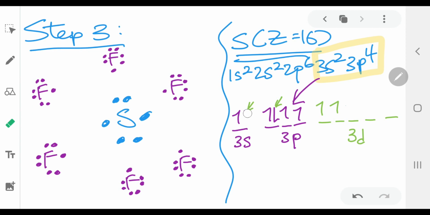So that one is excited, becoming this, and that one is excited as well, becoming that one. So now when you look at this, you have 1, 2, 3, 4, 5, 6 unpaired electrons.